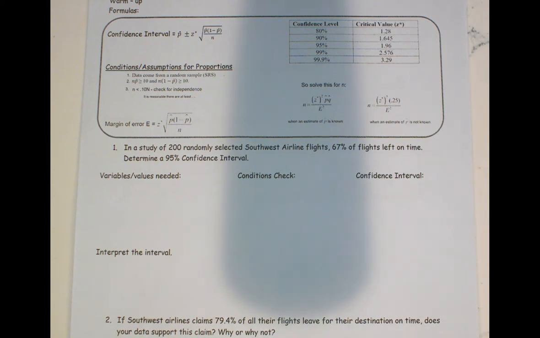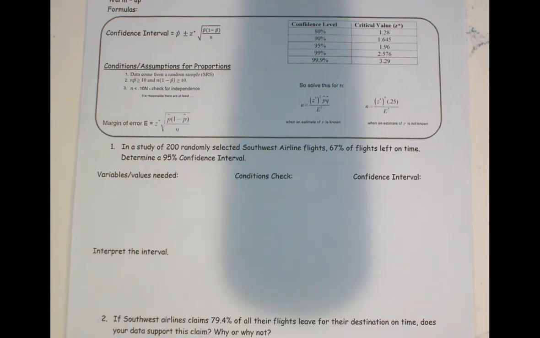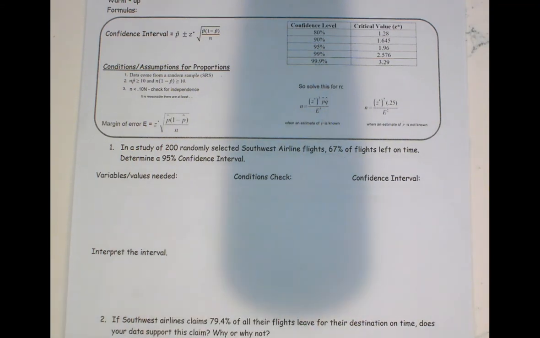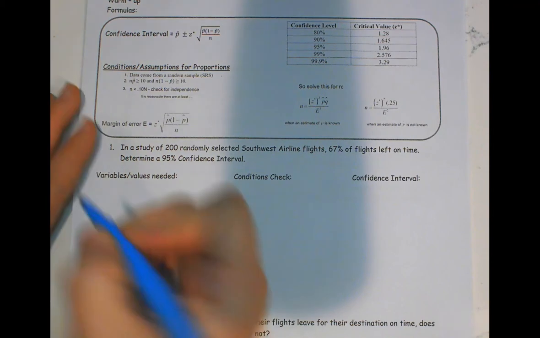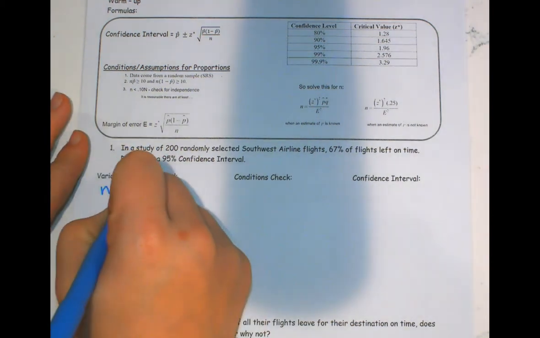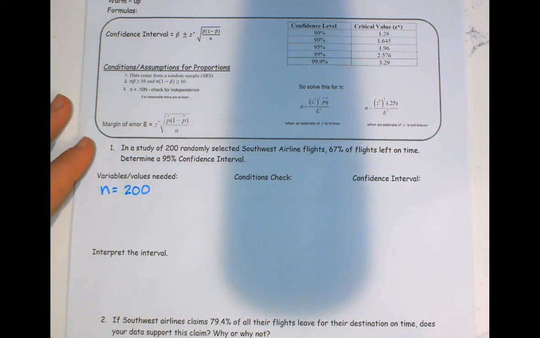So first, let's talk about the confidence interval that we ran last class. In a study of 200 randomly selected Southwest airline flights, 67% of the flights left on time. Determine a 95% confidence interval. Because we're working with a percent, we know we're working with our one prop Z interval. The values we need: we're looking at 200 flights, so our N value is 200.